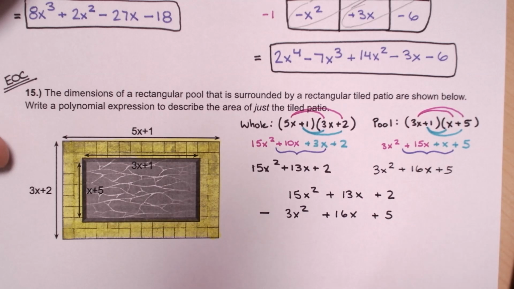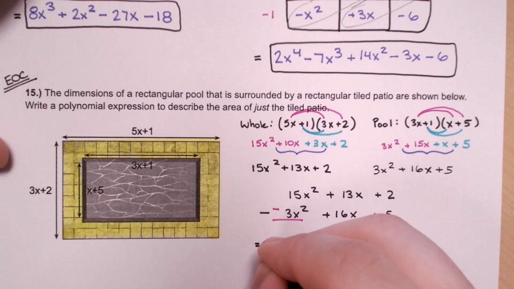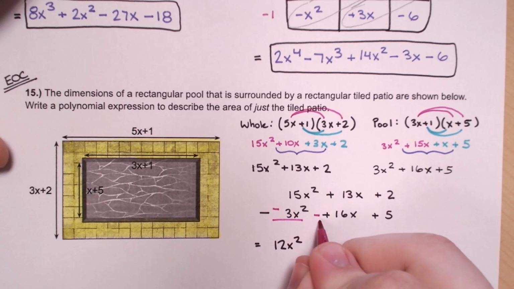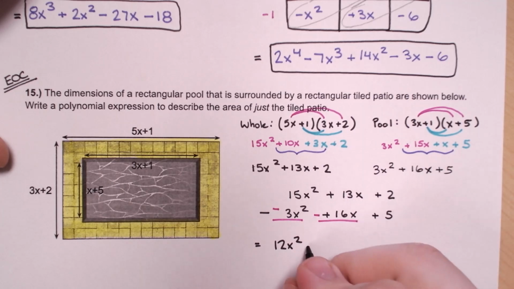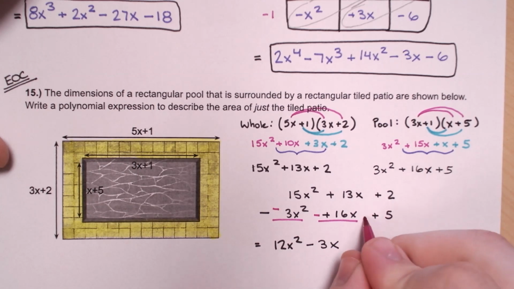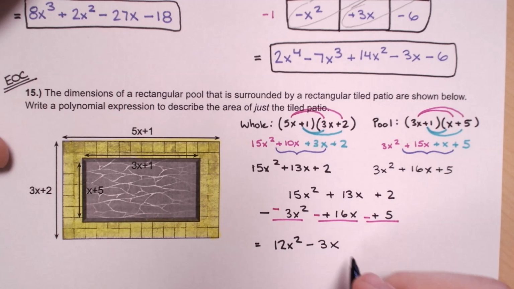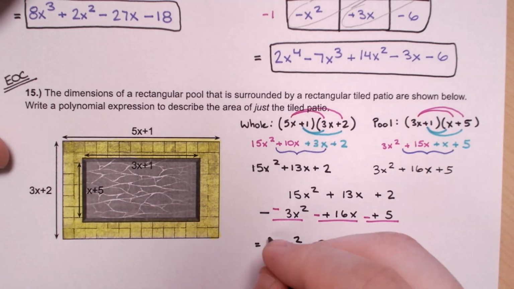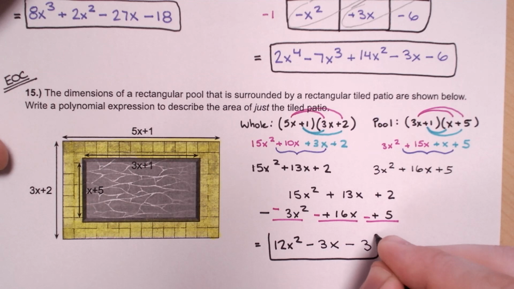Remember, when you're subtracting, you've got to subtract each of these individually. So 15x squared minus 3x squared is going to give us 12x squared. 13x minus 16x is going to give me negative 3x. And 2 minus 5 is going to give me negative 3.